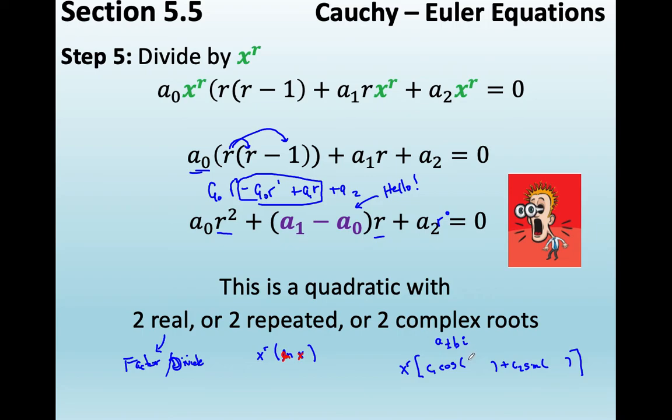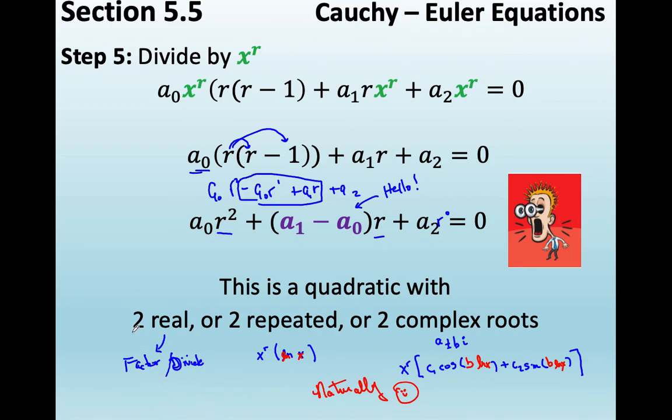This is going to be b ln x. This is going to be b ln x. Naturally. And that just comes from some proofs and transformations.